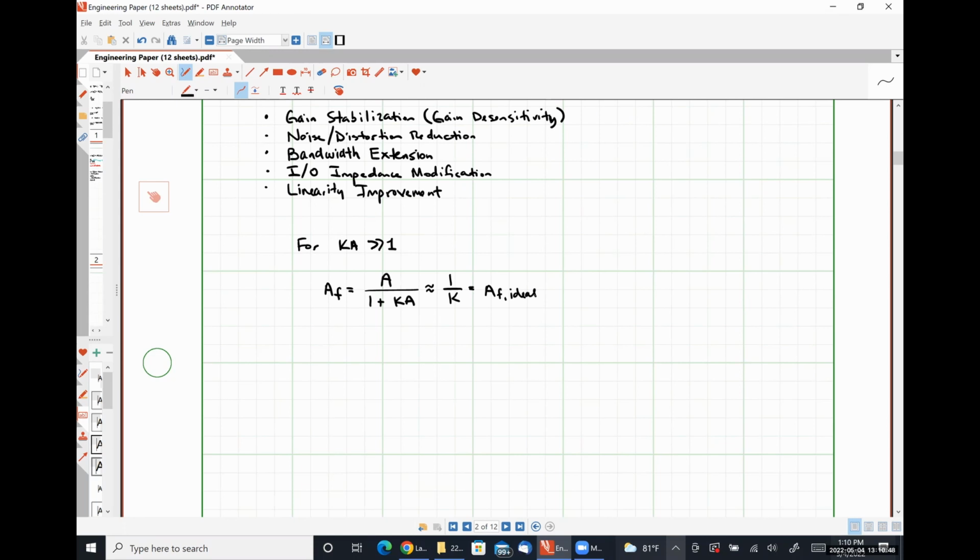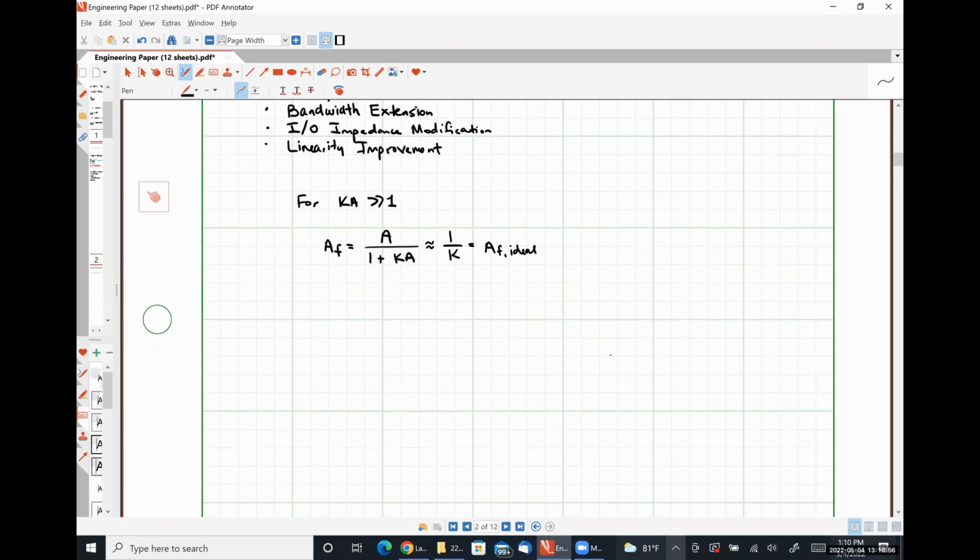Another consequence of when the loop gain is large is that our amplifier input signal, Xi, will become Xs over 1 plus Ka. It'll be approximately 0.